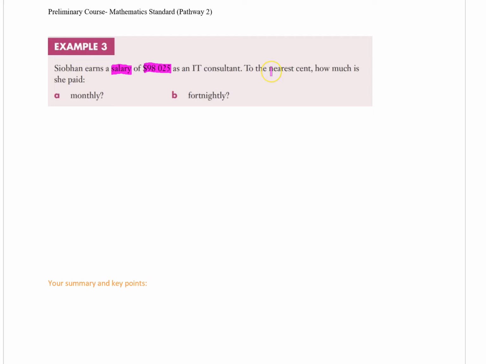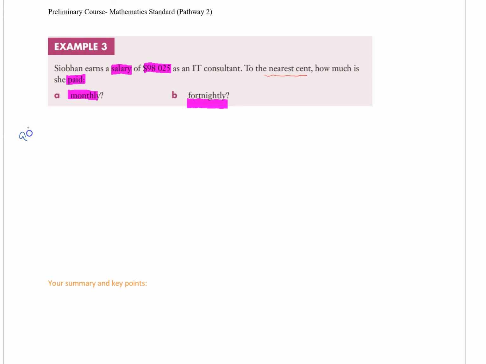To the nearest cent, yes, that is an important piece of information. Round my answer to the nearest cent. How much is she paid? And A, monthly, as opposed to fortnightly.